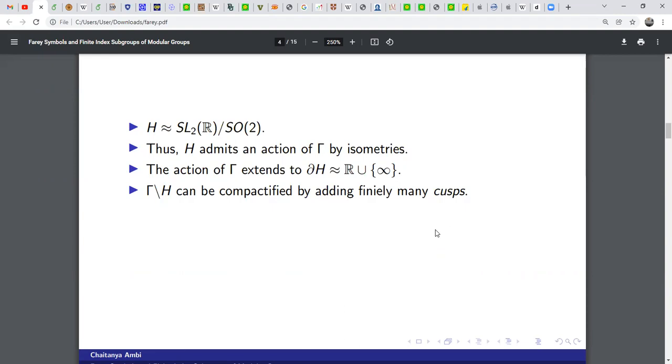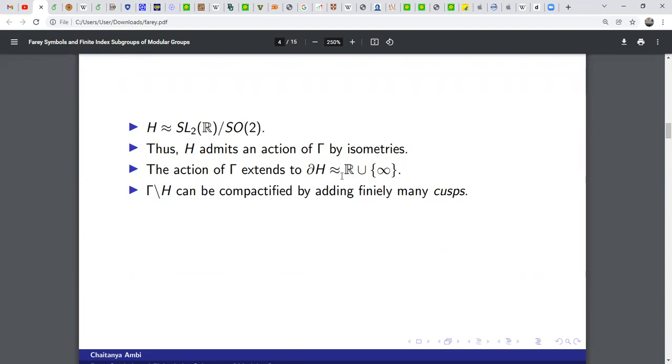And in order to solve this problem, I have to make a manifold, at least a topological manifold, out of this quotient of the upper half plane by gamma. We need to add finitely many cusps. Cusps are also the points to which, as mentioned in the previous remark, the action of gamma extends, on R union infinity.